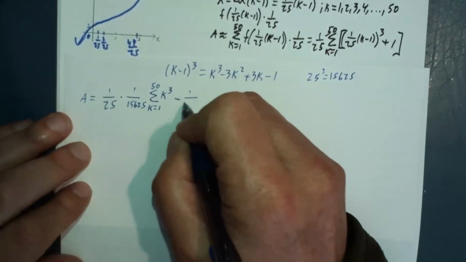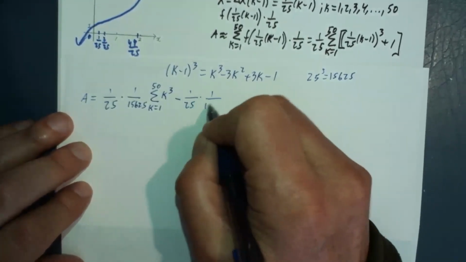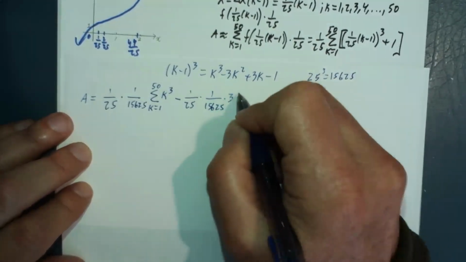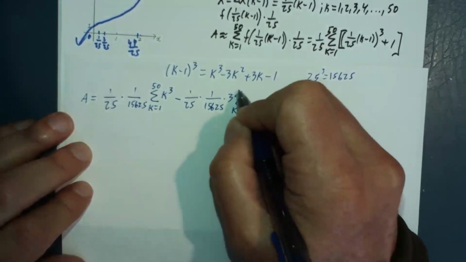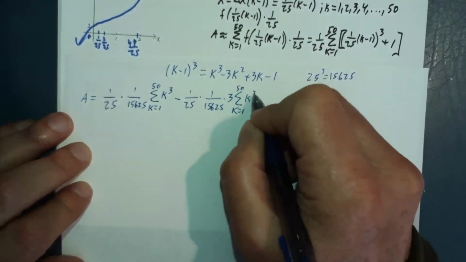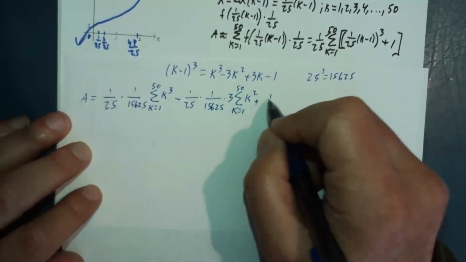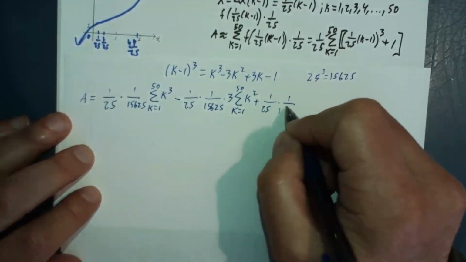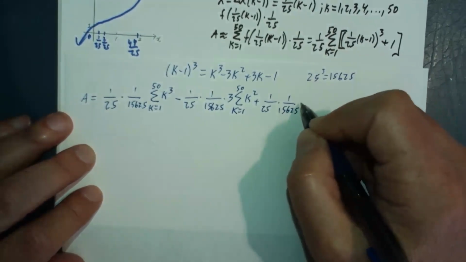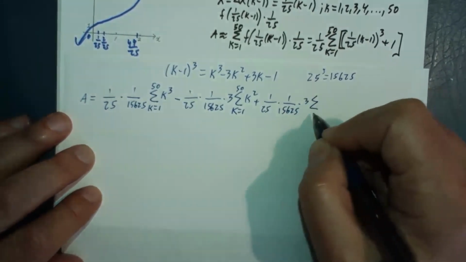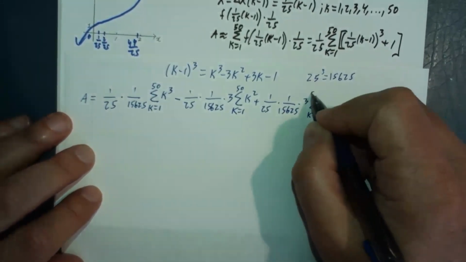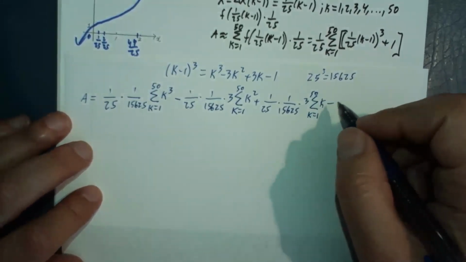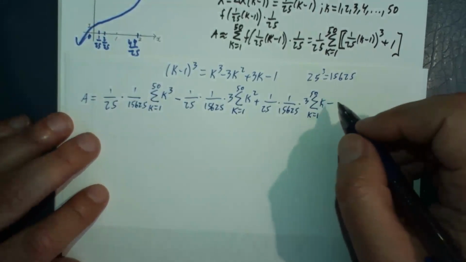minus 1 over 25 times 1 over 15625 times 3 summation k equals 1 to 50 of k squared plus 1 over 25 times 1 over 15625 times 3 summation k equals 1 to 50 of k minus 1 over 25.